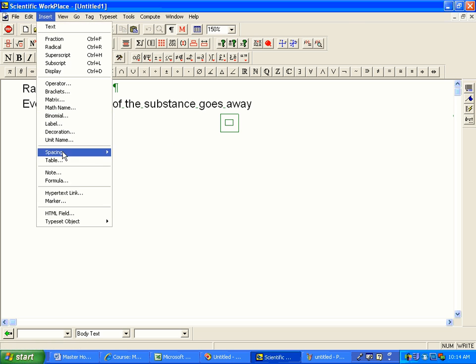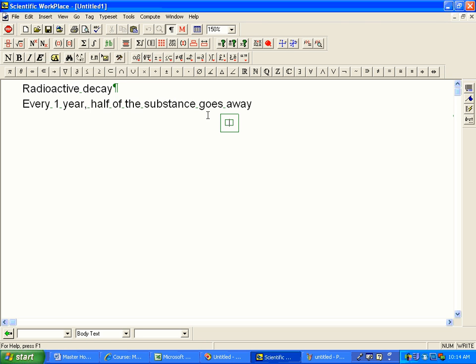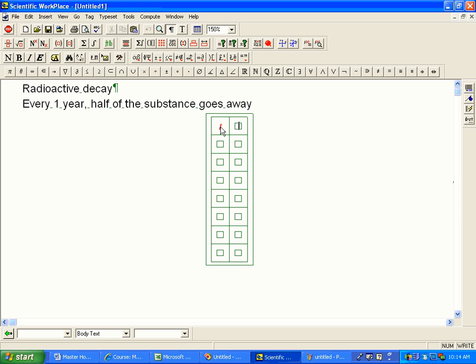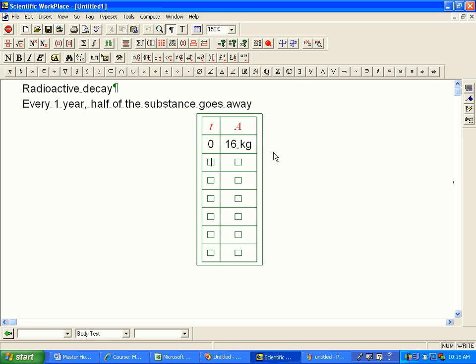Well, let's make a little table here. Let's say A is the amount of the substance. Let's say we start out at time t equals 0 with 16 kilograms. Then at time 1, after 1 year, half of that substance has disappeared, and we're down to 8 kilograms.